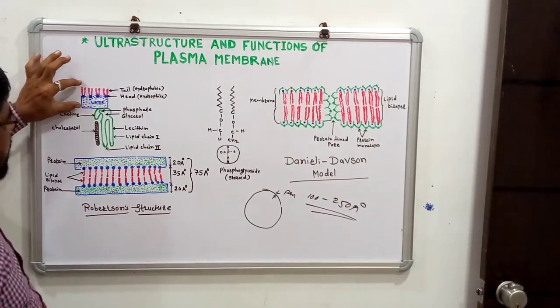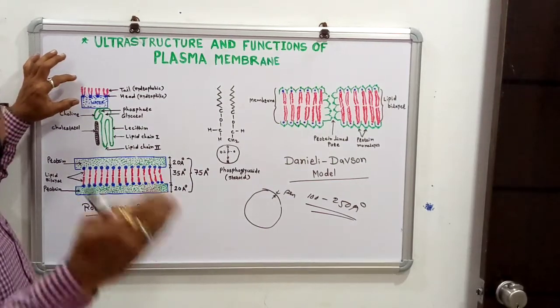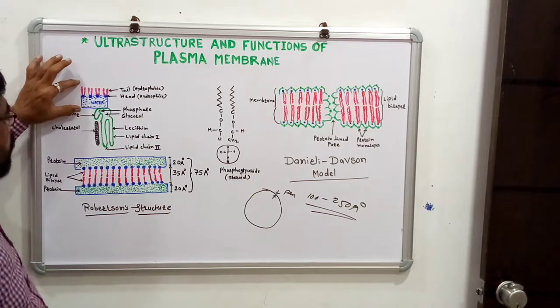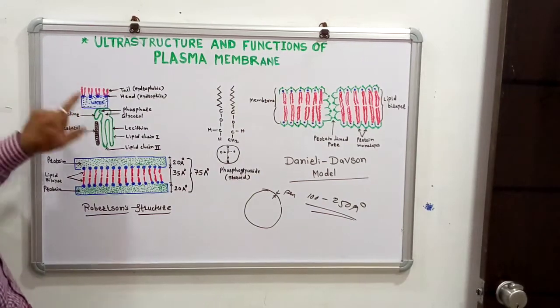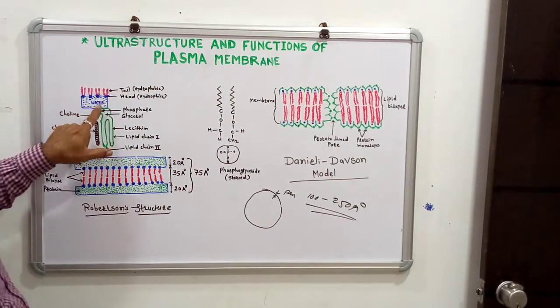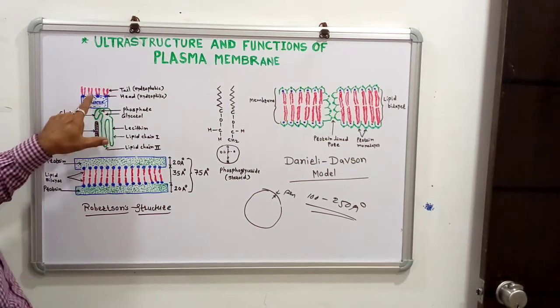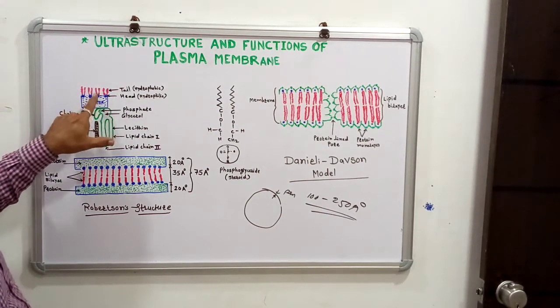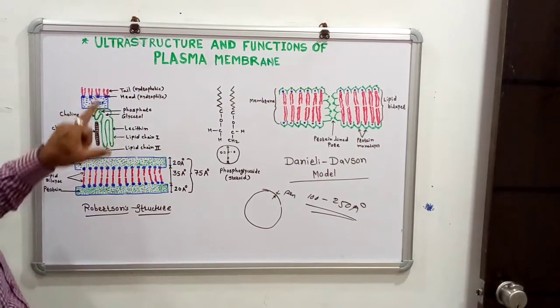So here is the clear picture: the cell maintains its metabolism and all its activities in water. In the structure of the plasma membrane, water is situated outside, and the lipid layer has two fatty acid chains attached to the head portion.